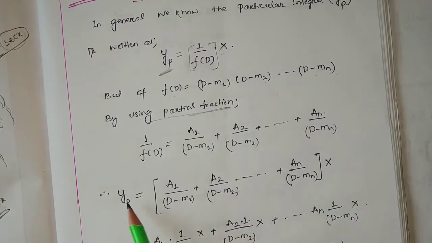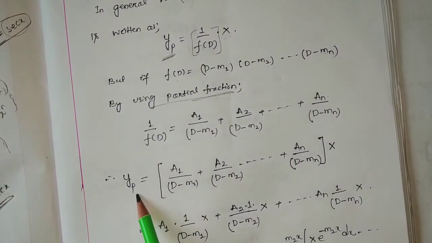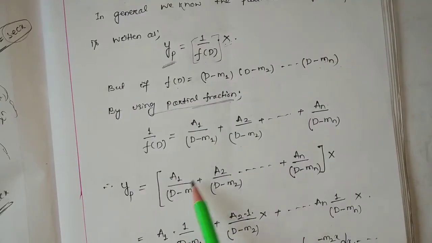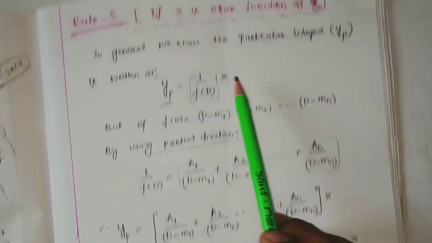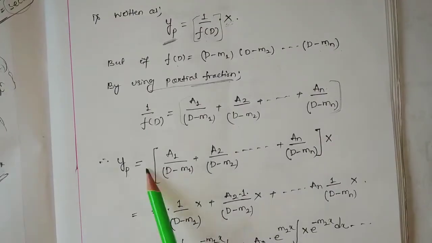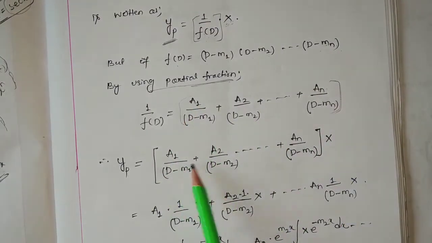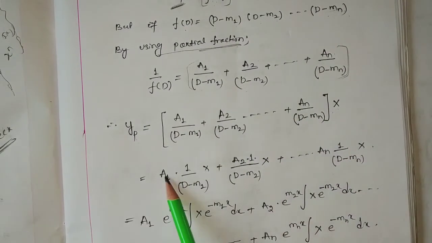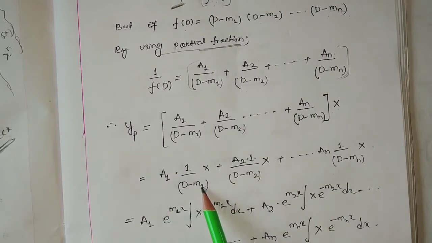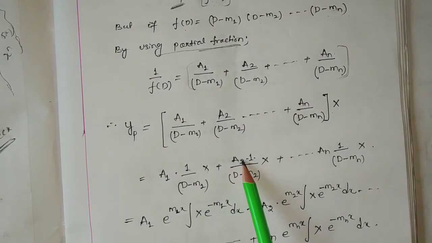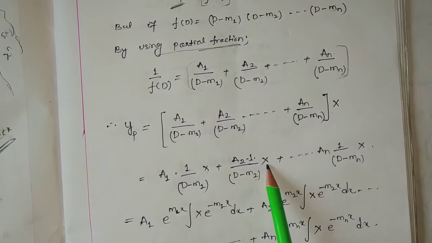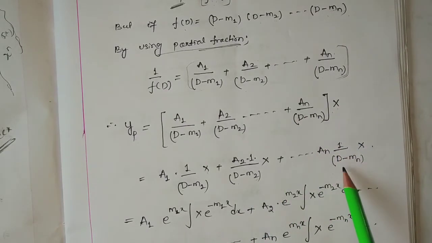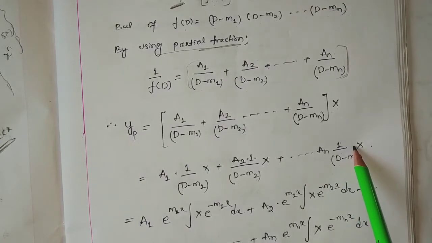So yp is this operated on X, and individually it will be operated: a1 by (D minus m1) operated on X, a2 by (D minus m2) operated on X, and so on, an times 1 by (D minus mn) operated on X.